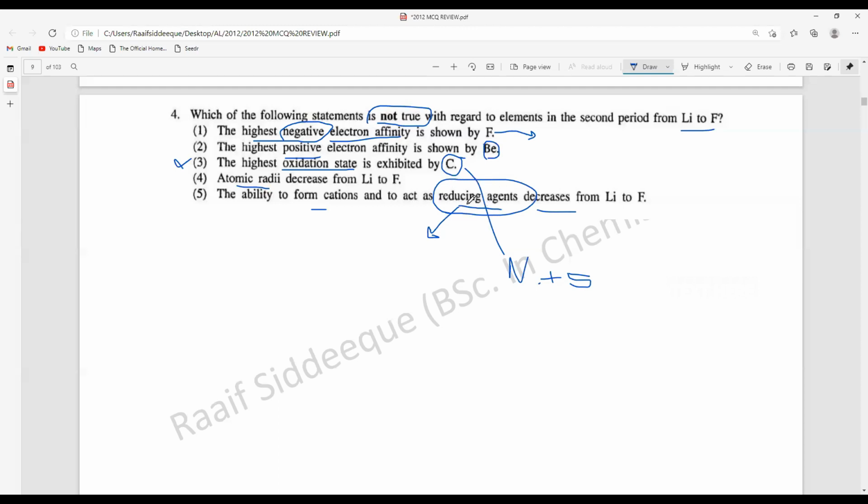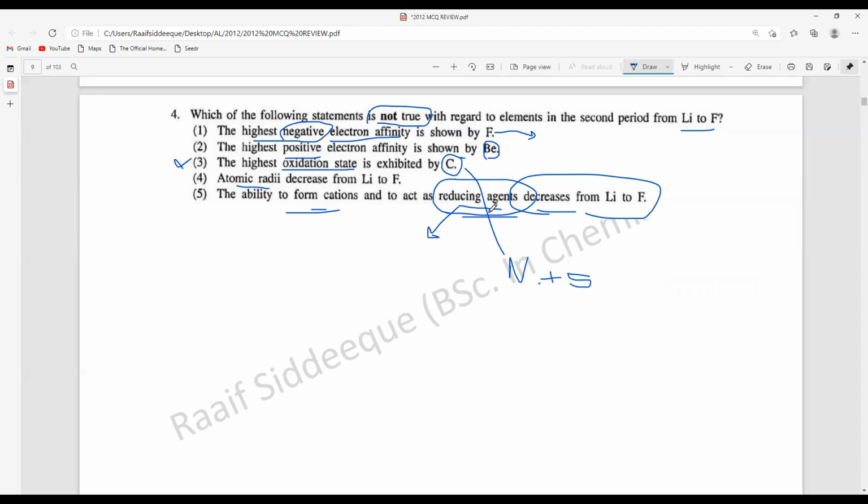So what will happen to the agent? It will like to get oxidized. So in principle, oxidation is in principle forming cations. So it will be same as this. So it will decrease because you know lithium can easily oxidize, which means it can reduce something.